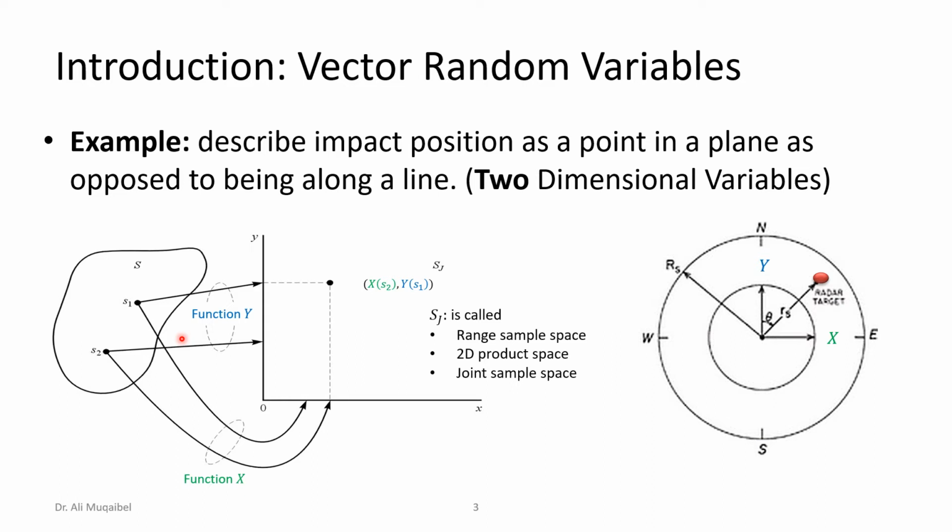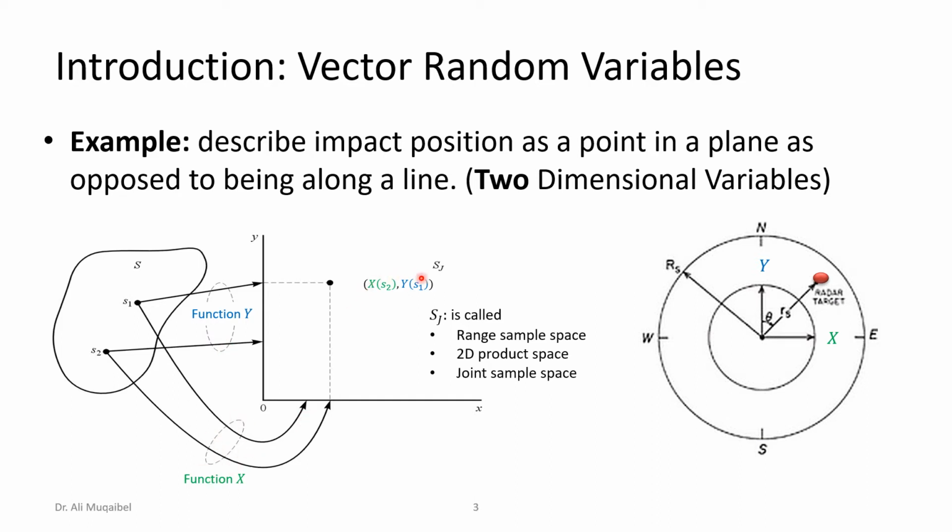So we can think of an experiment with a sample space S, and then every small s, every outcome of this experiment, is mapped to the two-dimensional space. So we have x and y here. The random variable y will give you the y coordinate, while the function x will give you the x coordinate.